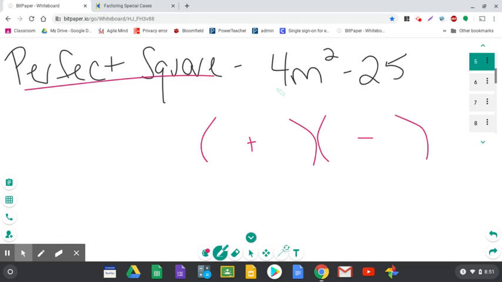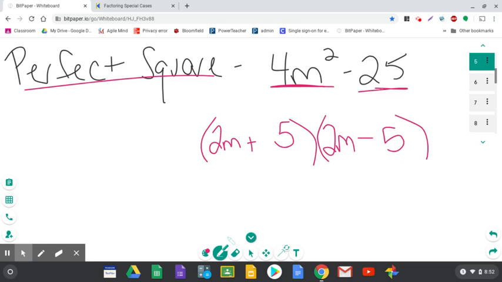And then you're still going to just take the square root. So what's the square root of this first term? Well, the square root of 4 is 2. And the square root of m squared is m. What's the square root of the second term? The square root of 25 is 5. Okay. And then you're just going to copy it again, but remember, this one is a negative. So it's 2m minus 5.